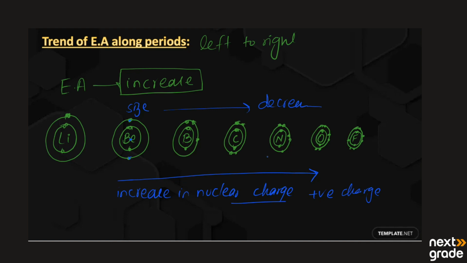When the distance between the nucleus and the valence shell decreases, the affinity for the added electron increases. In turn, when we move from left to right, the electron affinity increases because the nuclear charge increases. This nuclear charge will pull the added electrons more forcefully towards itself.